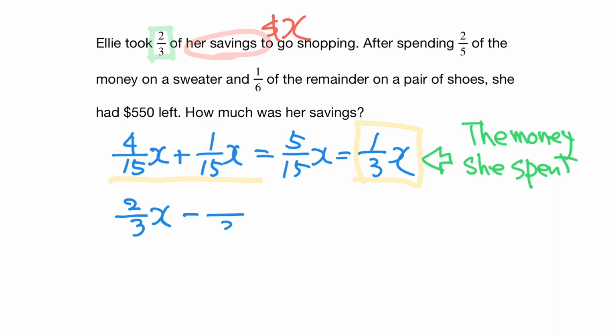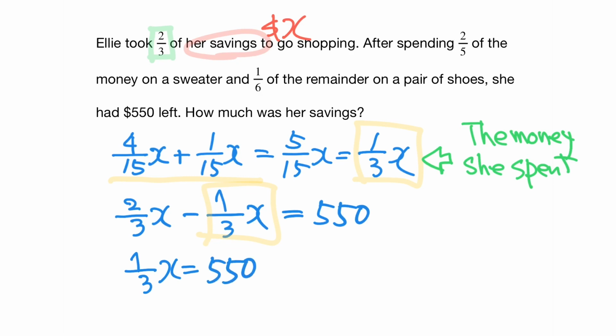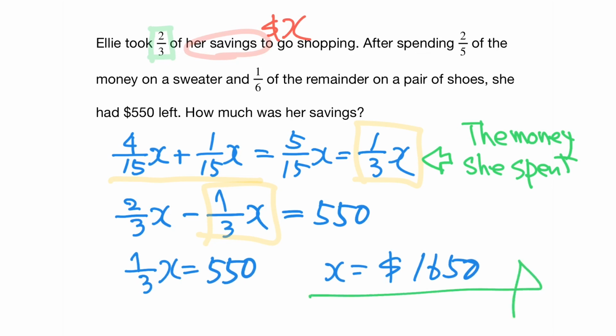So 2 over 3 x minus 1 over 3 x, the money she spent, is $550. That is 1 over 3 x equals 550. So the savings is $1,650. This is the answer.